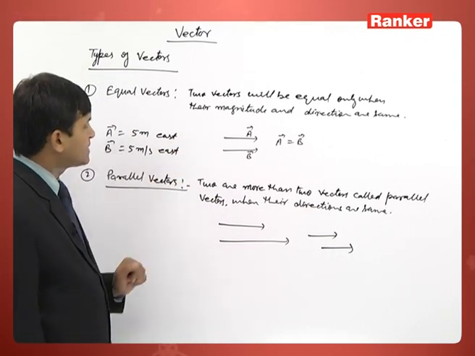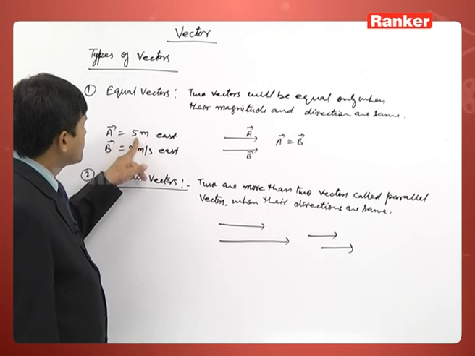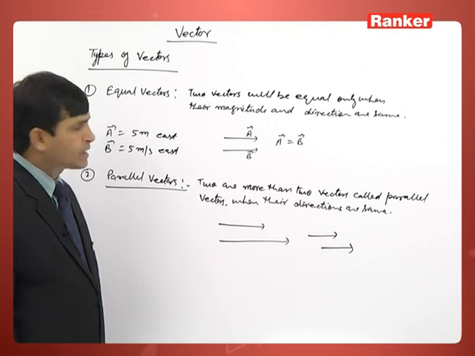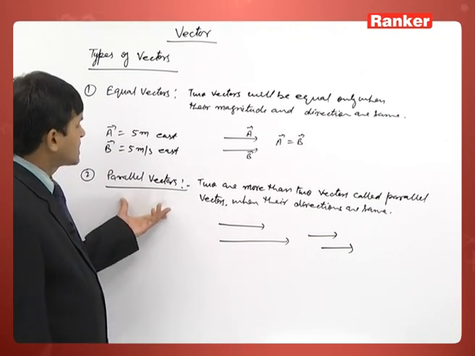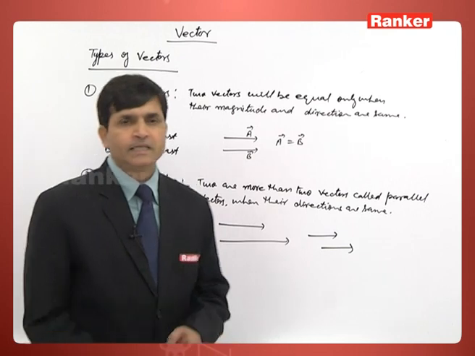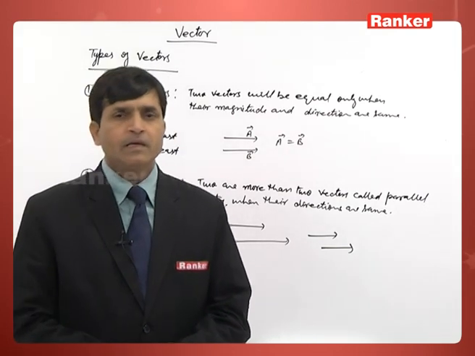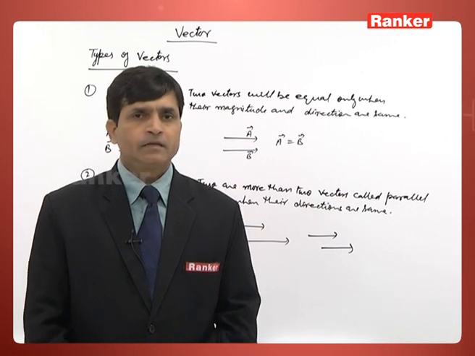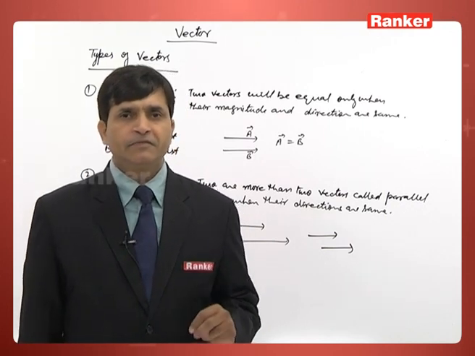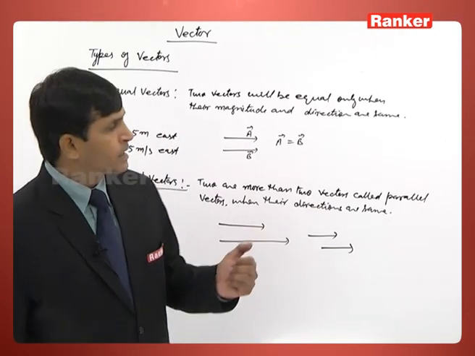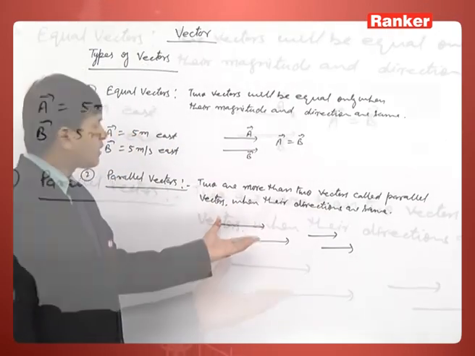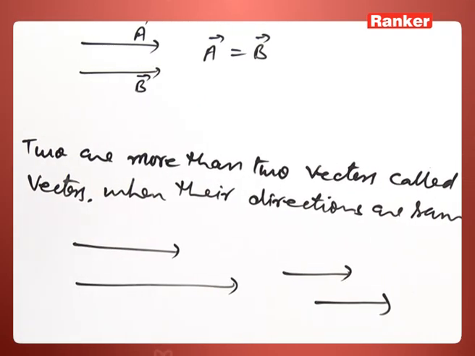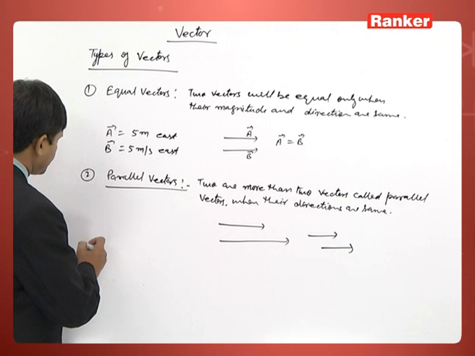If the directions are the same, then we can say position and velocity are parallel to each other. Such vectors which have the same direction, irrespective of their magnitude as well as unit, even if they are different physical quantities, are called parallel vectors.